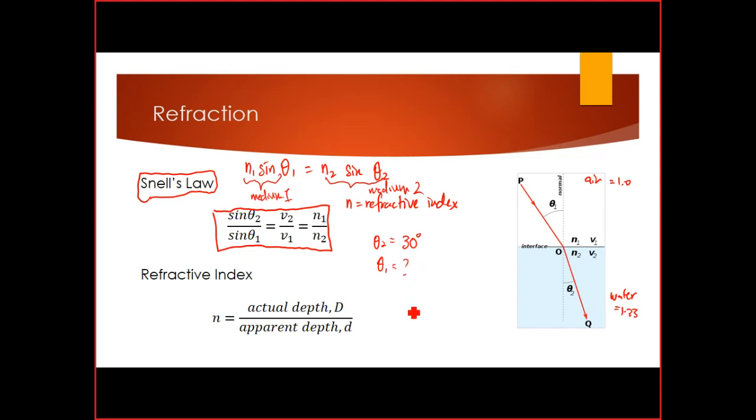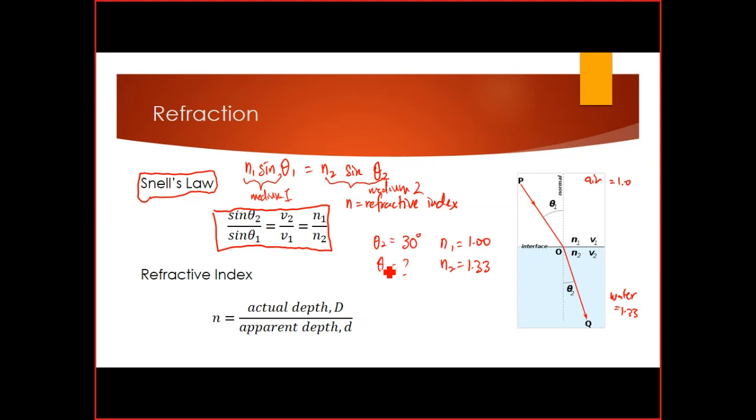So how do you do that? I will repeat the question. Given that the refractive index for air, n1, is 1.00, and for water, n2, is 1.33, and given that the angle in medium 2 is 30 degrees, find the angle in medium number 1.